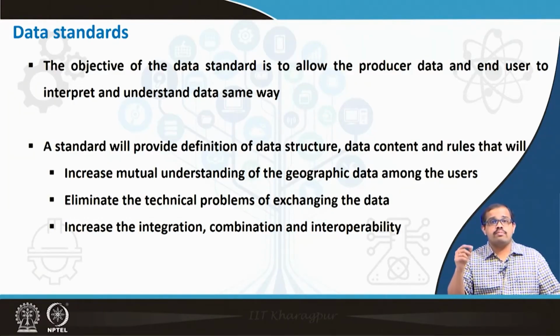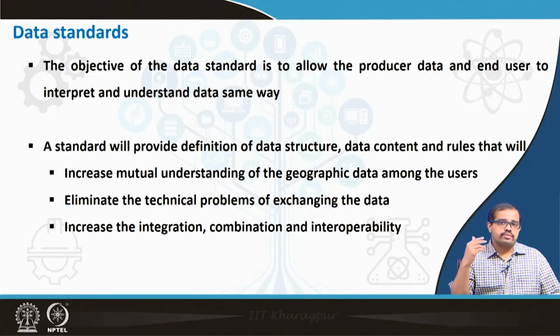It also eliminates the technical problems of exchanging data, which means interoperability of the data will be there. That is why the data has to be standardized. That is a very important point when you are looking at standardization of data. Interoperability is the important aspect when you look at any data to be standardized.